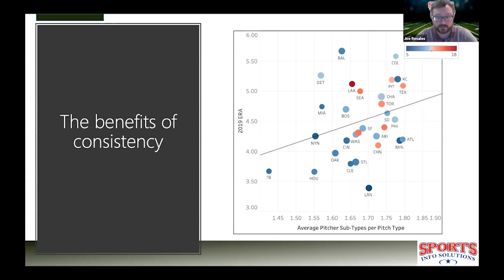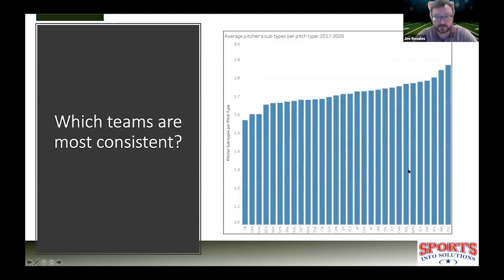And then, finally, our last slide, this one actually is not just 2019, this is 2017 through 2020, taking a look at teams that have the most consistent number of subtypes per pitch type.